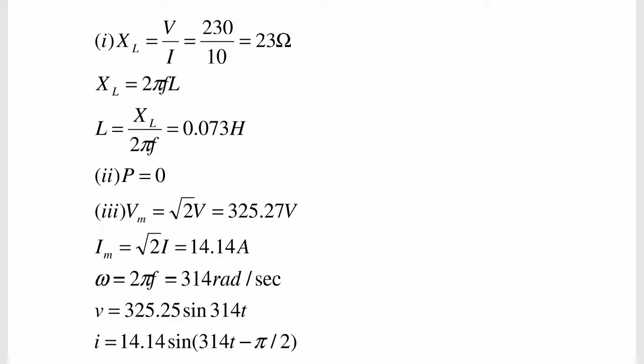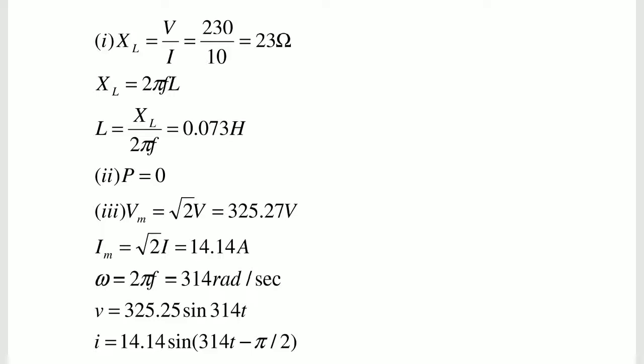So now the instantaneous voltage equation is V is equal to 325.25 sin 314t, and the instantaneous current equation is I is equal to 14.14 sin(314t minus pi by 2). Why minus pi by 2 here?